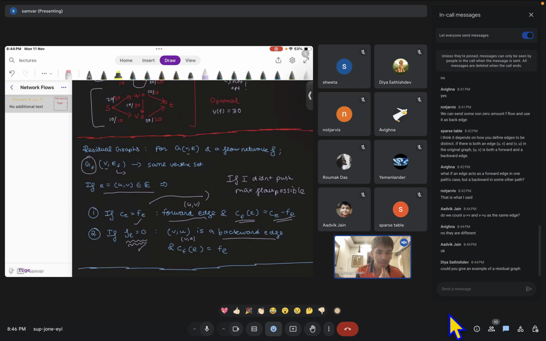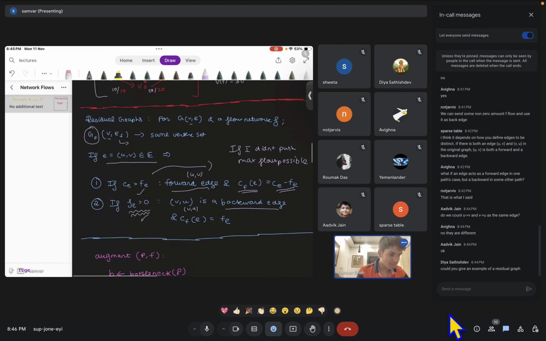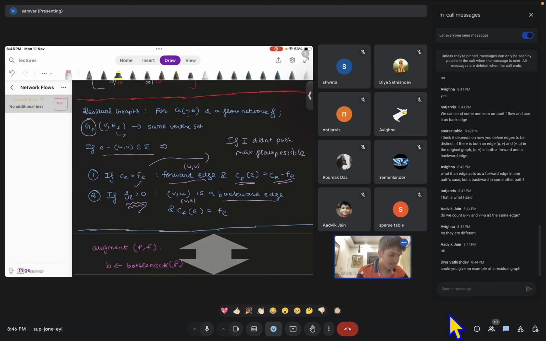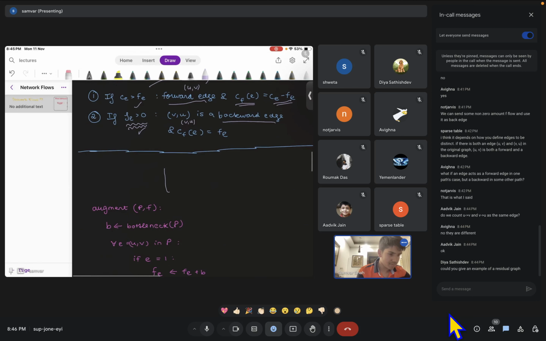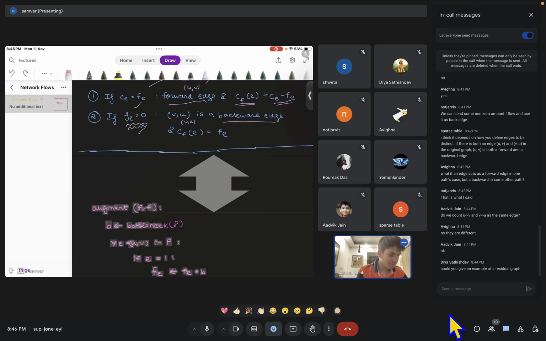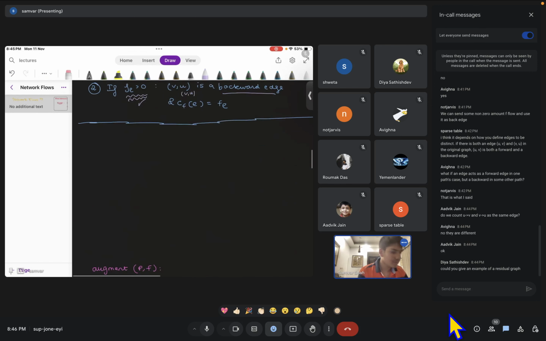Could you give an example of a residual graph? Sure. Okay.